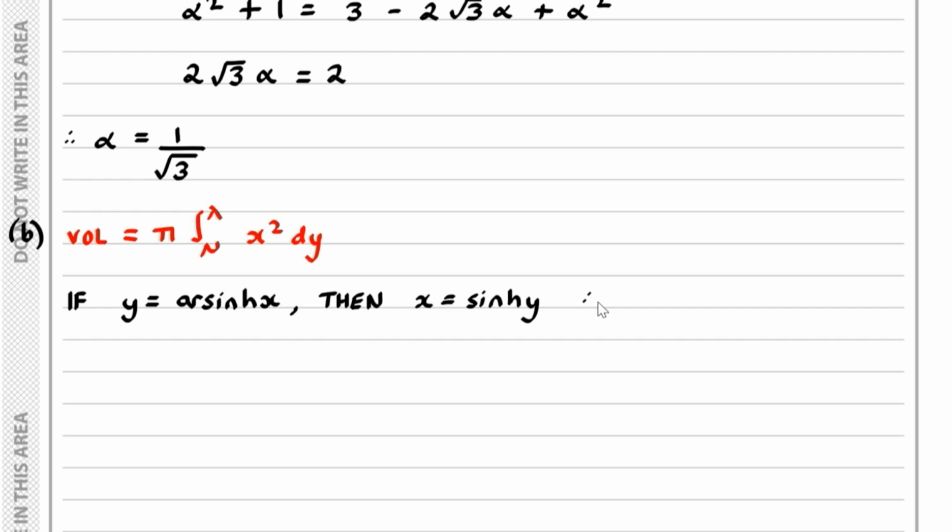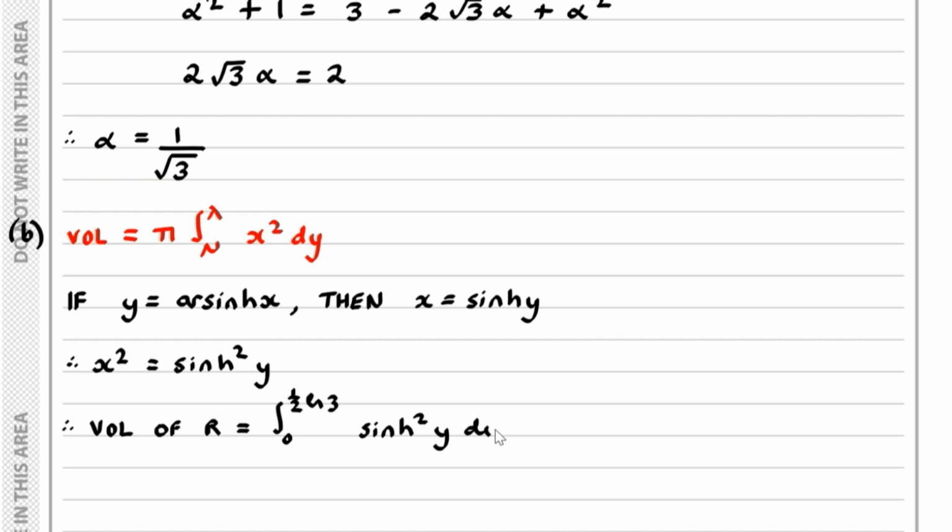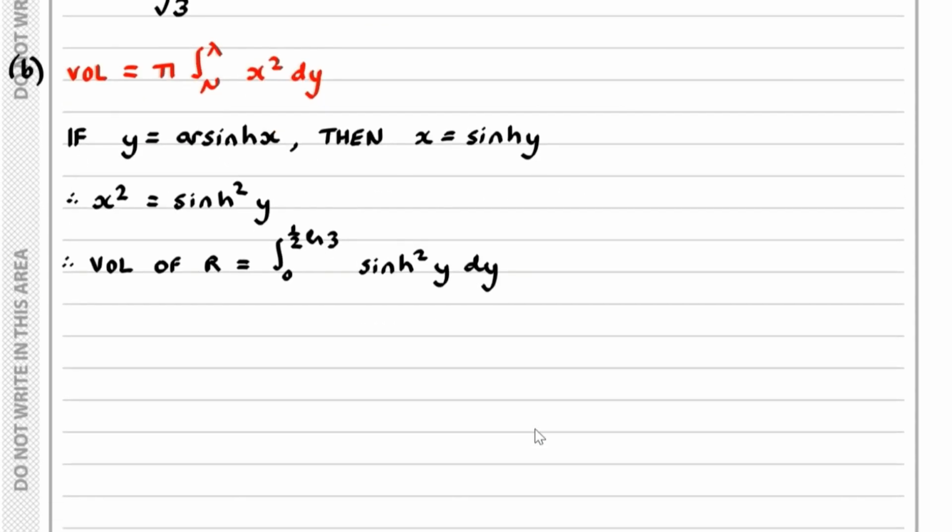In other words, x squared is equal to hyperbolic sine y, squared. So therefore, for the volume of R, we've got the integral from 0 to 1/2 times the natural log of 3 of hyperbolic sine squared y dy. That's what the volume of R is.